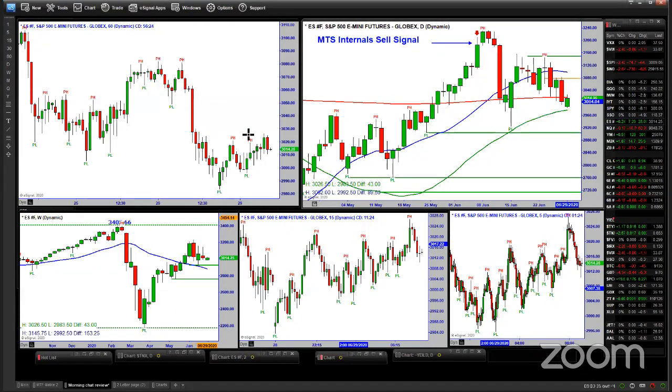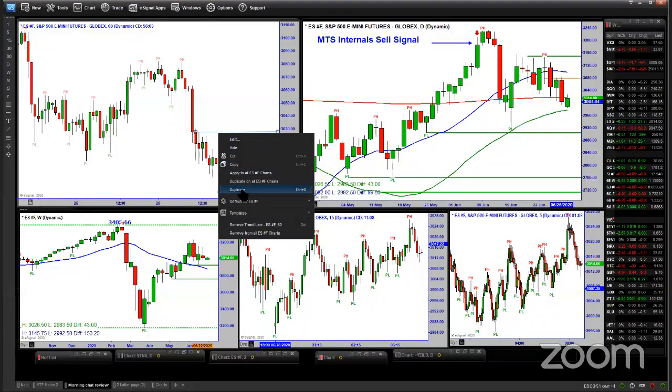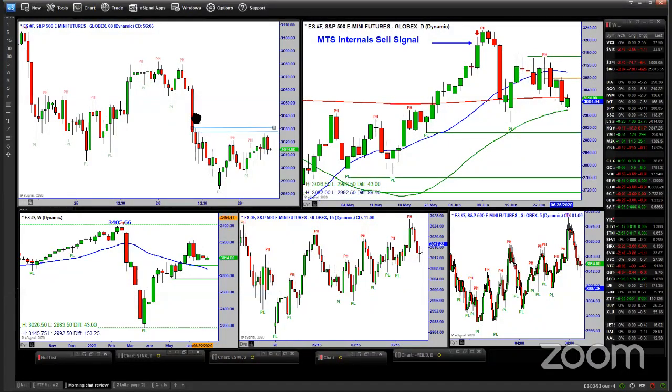And there's a void here. So if prices are able to clear this area right here, which they got rejected from a little while ago, we could get some upside move, possibly. Let's just call it up to this area of minor resistance.